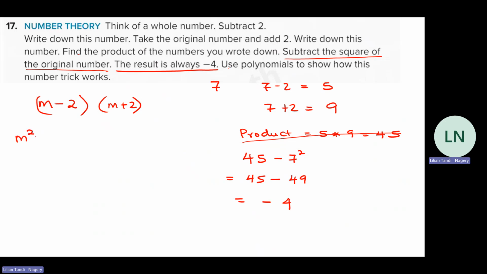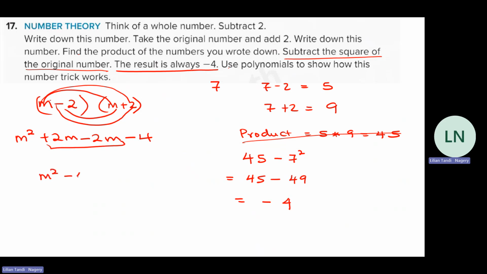This will be m squared plus 2m minus 2m minus 4 because of negative 2 times that. So this and this will be 0. So we have m squared minus 4. So this is the answer to the product.